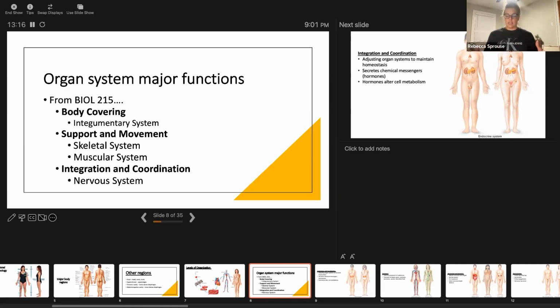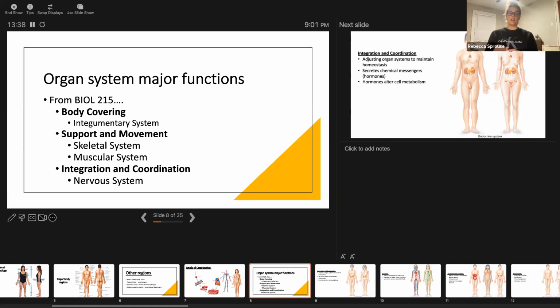That's the integumentary system. That is your skin. Your skin is the largest organ that you have. Support and movement, that's going to be your skeletal and your muscular system. Makes sense, right? So your skeletal bones and the muscles all work together to be able to move and also support you in an upright position.